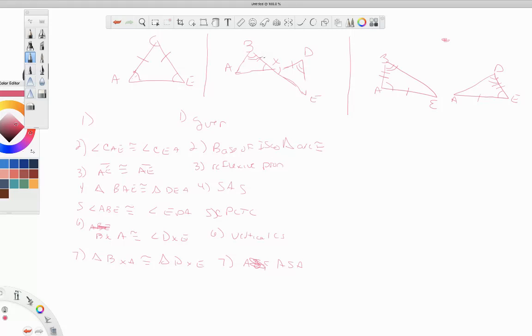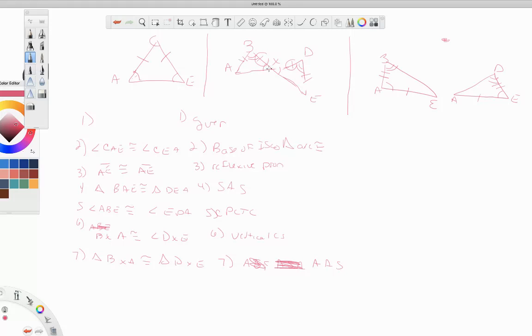And now I needed to prove this right here. Well, actually, I have here, so I do have angle, angle, side.